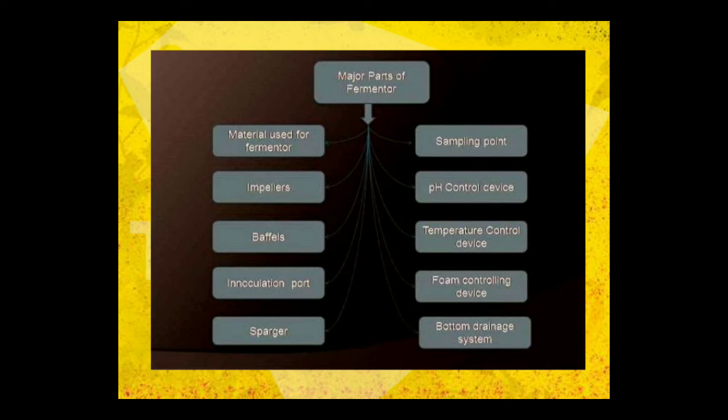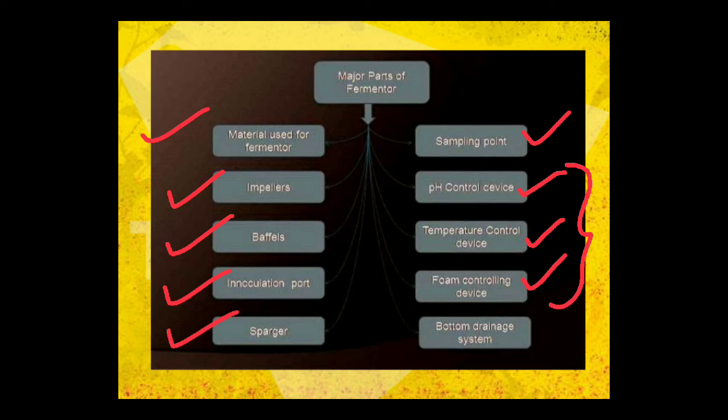Those are the materials used for the fermenter, the impeller setup, the baffles, the inoculation port, the sparger which allows the gas to get inside the whole vessel, sampling point, the pH control device, the temperature control device and the foam controlling device. So, these three are the controlling devices installed inside the fermenter, and the bottom drainage system.